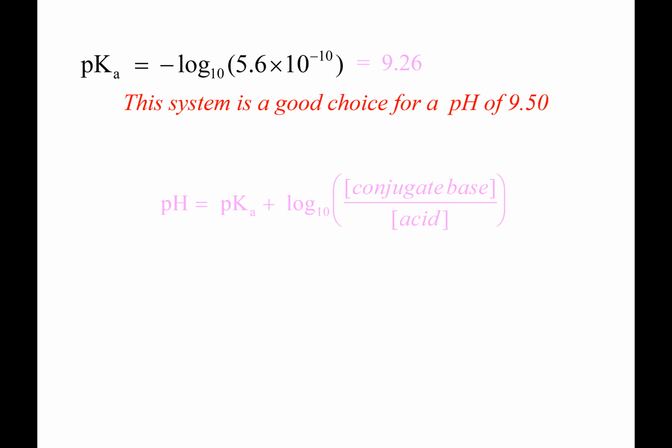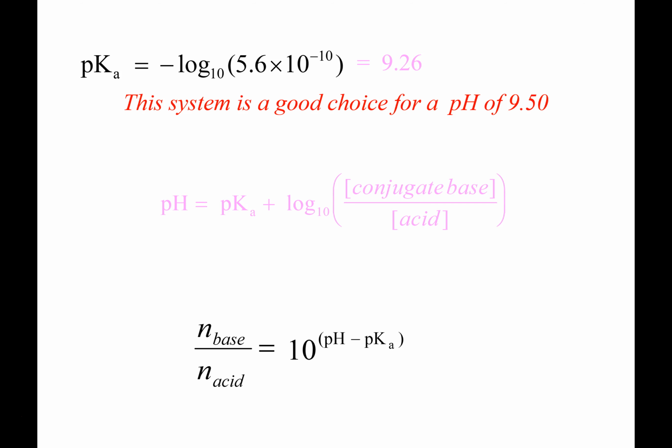The best way to do this is to go ahead and rearrange your Henderson-Hasselbalch equation. We did this the other day. Remember that we can take 10 raised to the power and isolate the ratio of the molar concentration of the base to the acid, and we get this form of it.